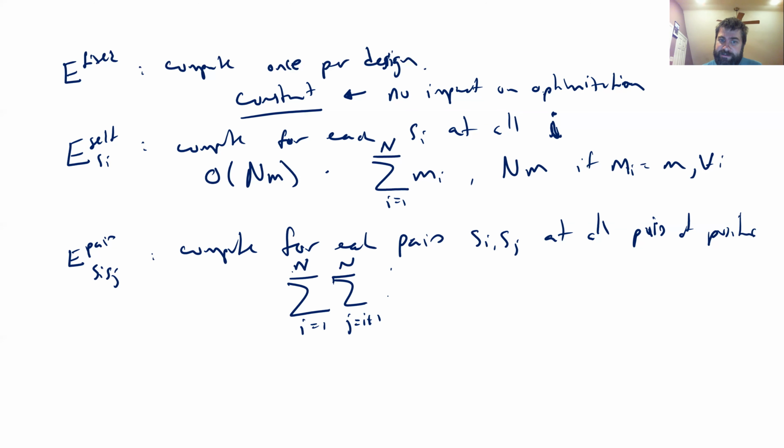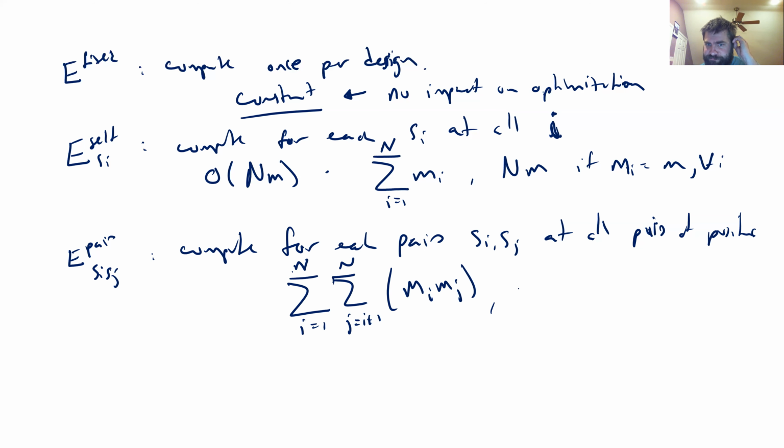This is over all pairs of positions, and we don't double count in this form. And then how many pairs of choices are there at each position? There's m_i times m_j possibilities at each of those positions.